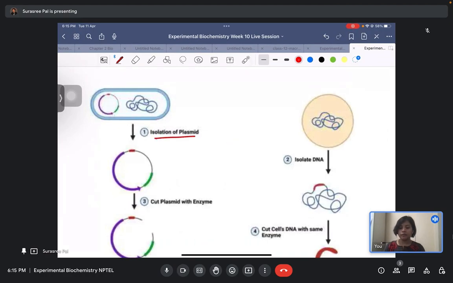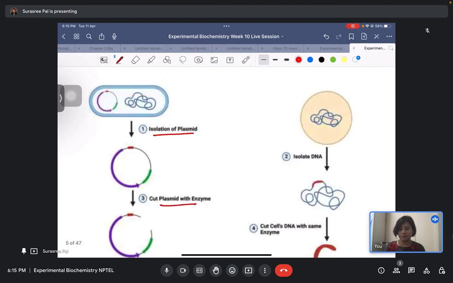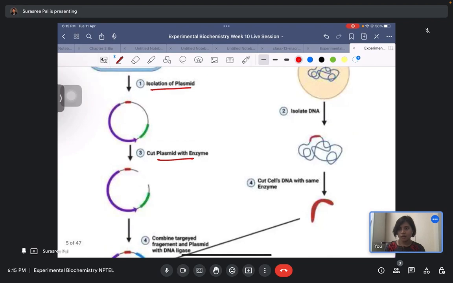Then we manipulate the plasmid according to our own interest. So we cut the plasmid with an enzyme, which enzyme I'm going to discuss later on.